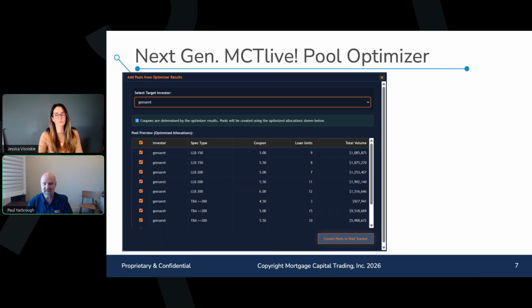So really an end-to-end: starting with a group of loans, best executing those loans, discovering all the pricing, optimizing my current pools, giving you a simple layout of what you need to execute to aggregators, processing some AOTs if you need to. Here's what you're going to pool, and here's what you're going to ultimately get out of that execution when you execute those pools and swaps inside the platform.